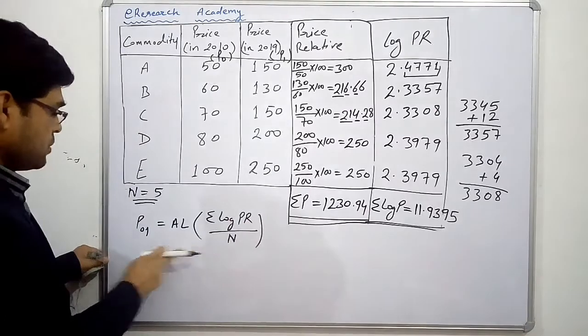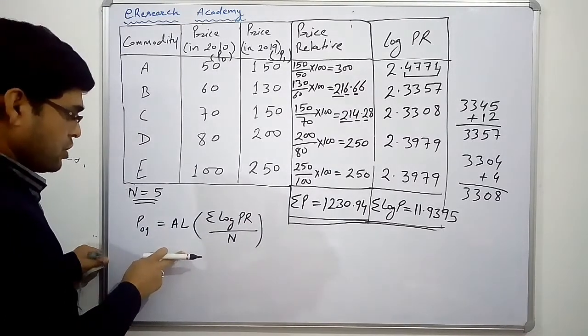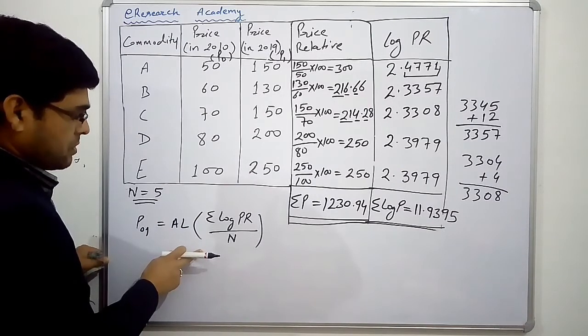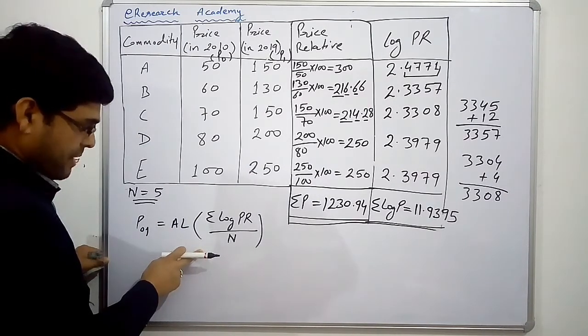This is the formula under the geometric mean method of the simple average of price relatives.